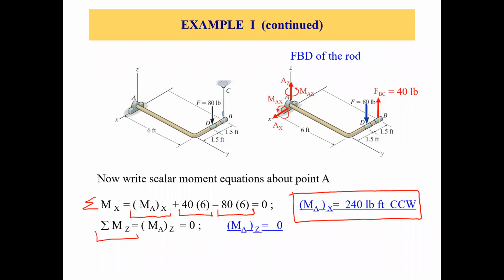And once you look at z-axis, there's no force which is creating a moment around z-axis. So it will be 0, right? So that's why we get MAZ equals to 0. So with this, we come to the end of this problem, and we are done with 5 unknowns with the help of our equations of equilibrium, right?